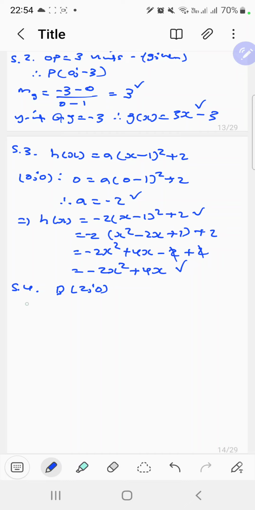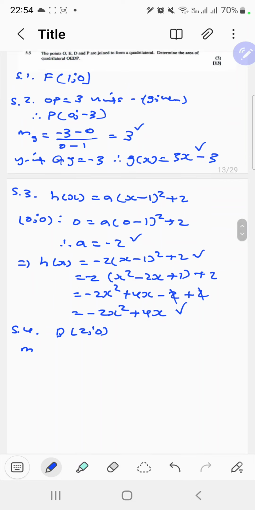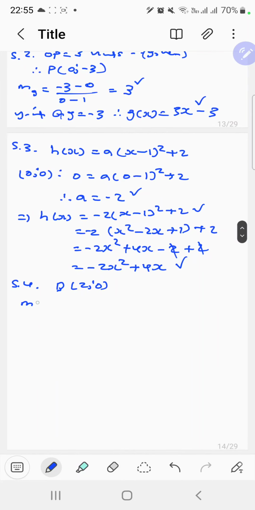And then, of course, we know that the gradient of the tangent is equal to the first derivative, not f, but this is h, so h' at 2, or you can say at D, which is fine.